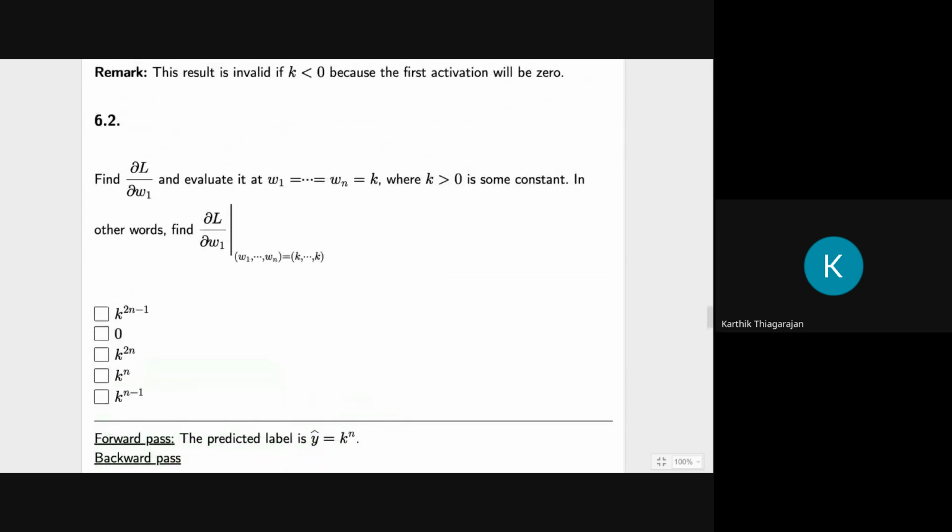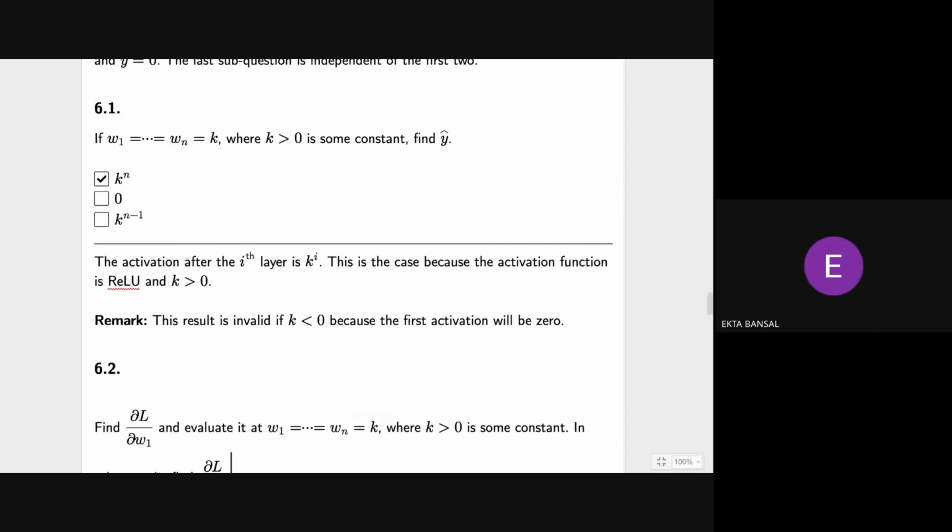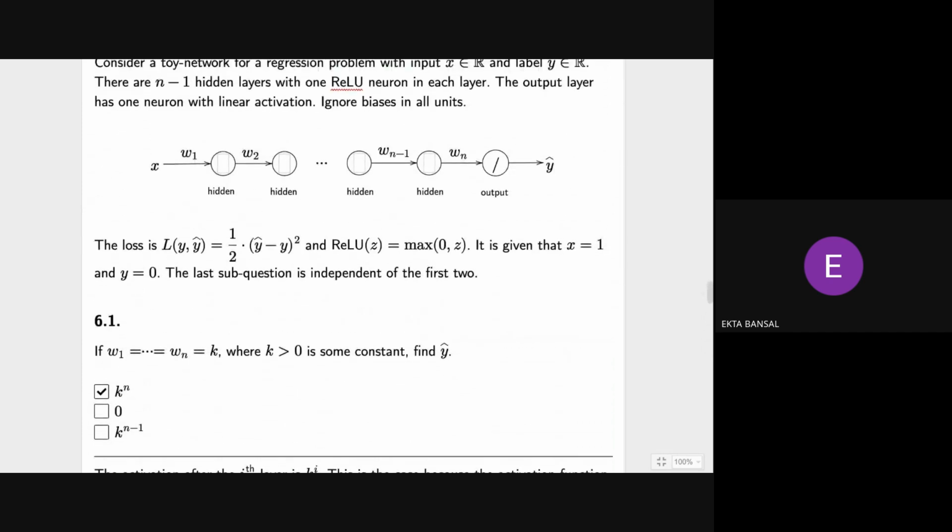And then you have dou y hat by dou W1. How do you split that? W1 is all the way down here. Always remember when you're doing backpropagation, the pre-activations, the A guys, A1, A2, A3, are the ones who will always save you.